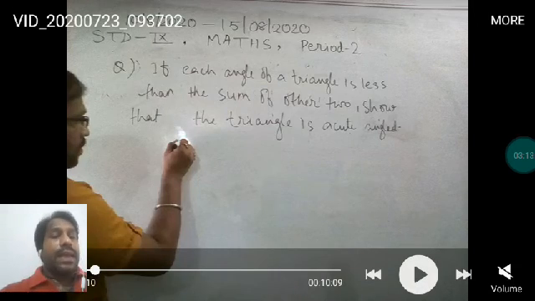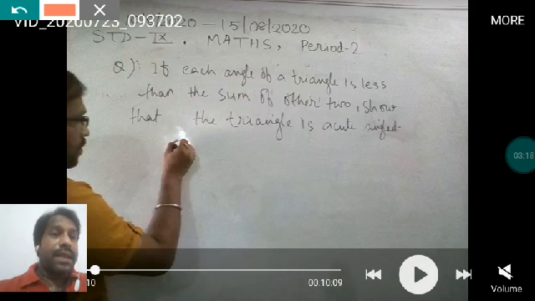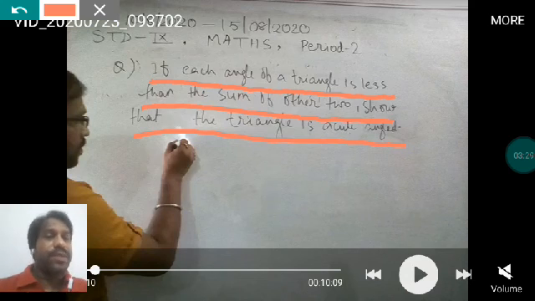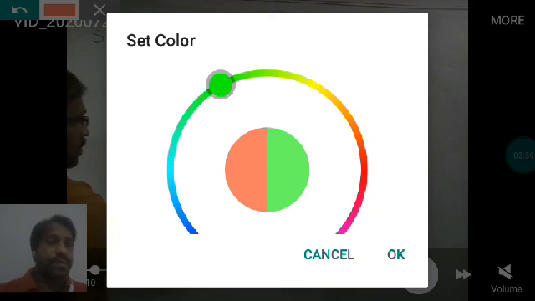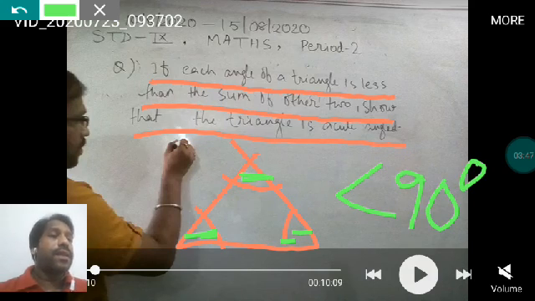In this question, I have taken that if each angle of a triangle is less than the sum of the other two, then the triangle is acute angled. Acute means all these angles are less than 90 degree. Clear? This is the meaning of acute angle.